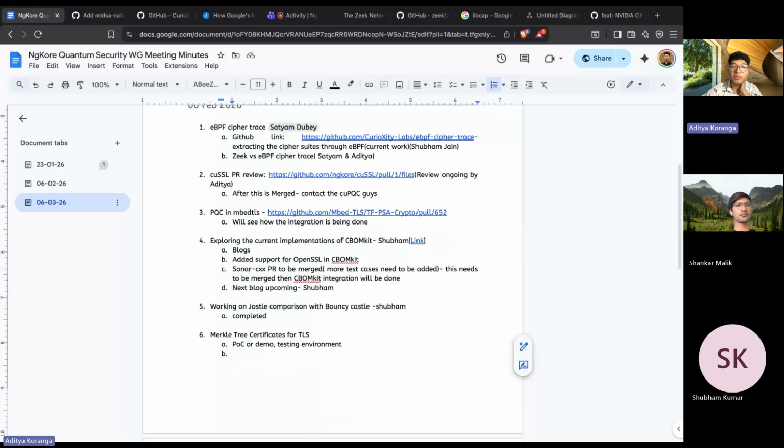Since the Merkle tree is mostly around hashing, we were thinking, is it possible to run cuPQC for the Merkle tree? This is just theoretical, that maybe we can do, but the first thing would be the POC or demo, followed by good research and understanding of these things.